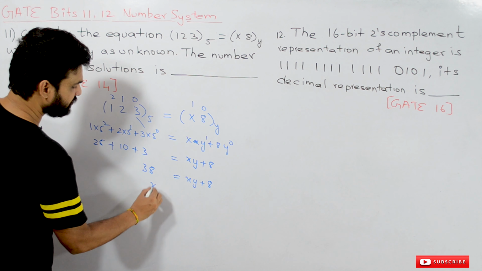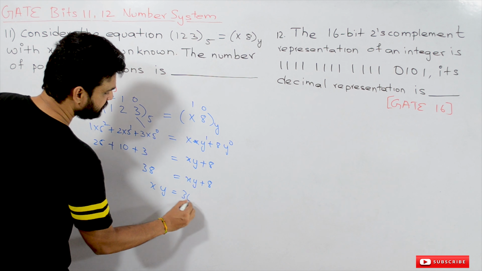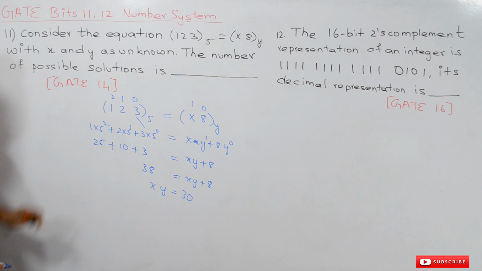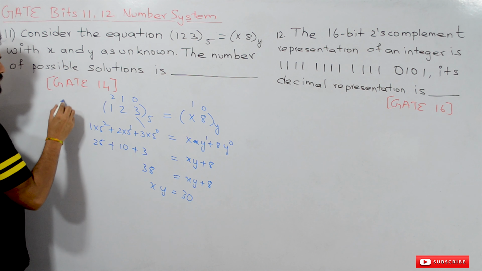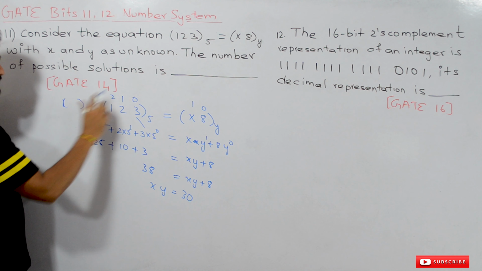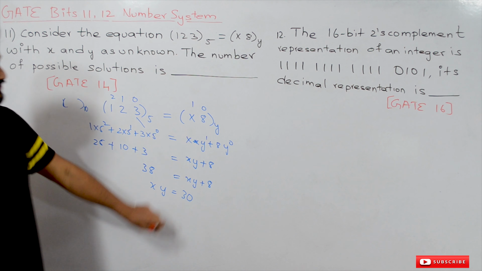Now the value of x comma y is equal to 38 minus 8, which is 30. So this is the first step: first we have to convert the entire equation into base 10. As we have done, the value of xy is equal to 30.